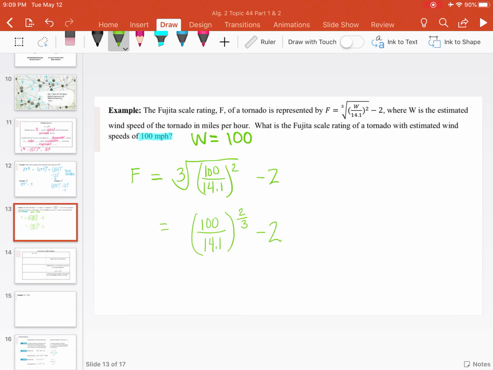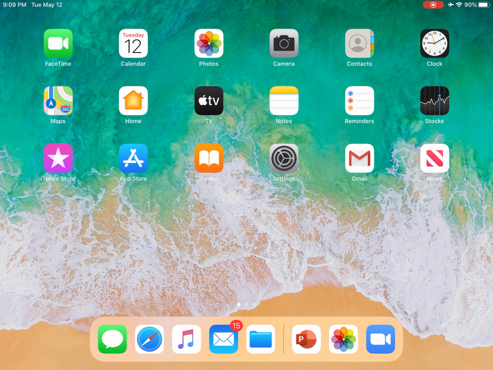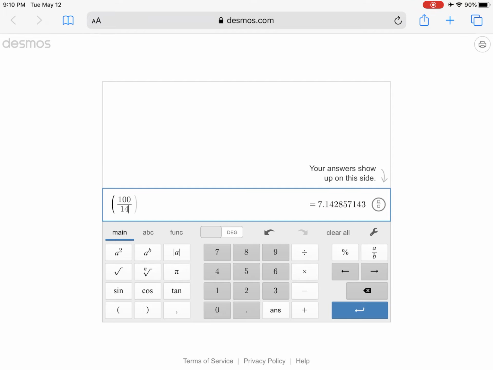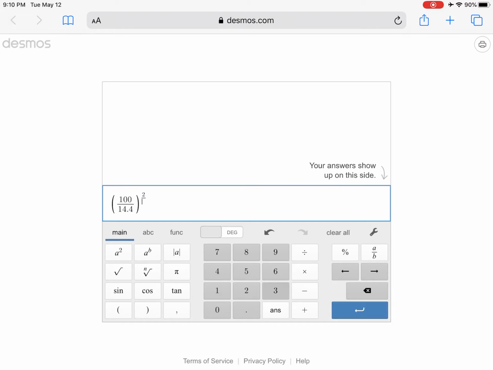Now what we can do is plug this into Desmos. So we have 100, let me get parentheses there just in case. 100 divided by 14.1, close my parentheses, raised to the 2/3 power.